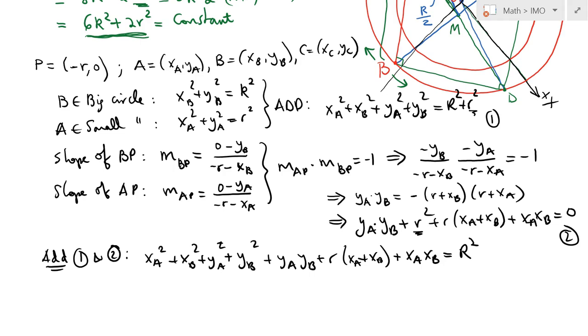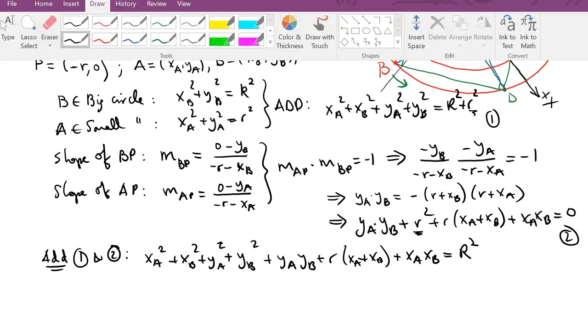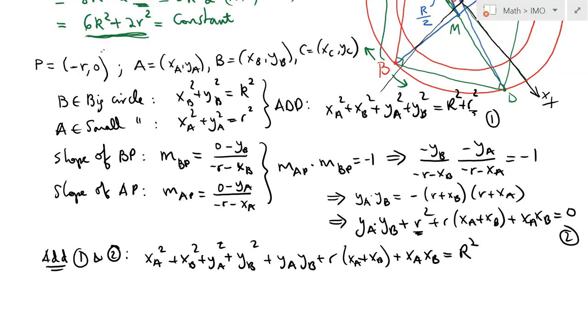Actually, let me just make a small change here. Instead of directly adding the two, I will add equation 1 and 2 times equation 2. So if I take 2 times equation 2, I think that would give me what I want. Sorry for that.